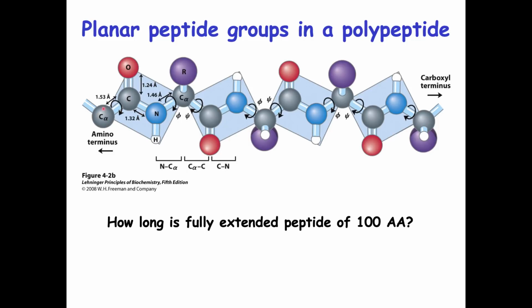And then the alpha carbon and the carbonyl carbon is about 1.53 angstroms. So based on this conformation and the bond angles given here, a fully extended polypeptide of 100 amino acids would be about 360 angstroms.